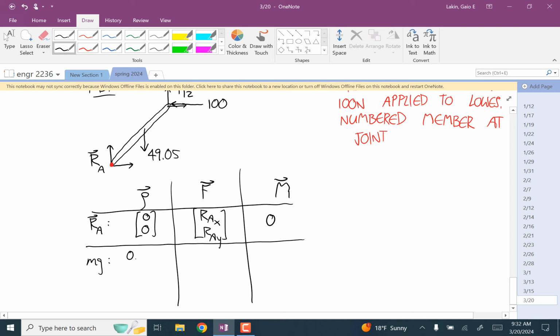So that's 0.3535, 0.3535. The force is 0, negative 49.05. And so the cross product is negative 17.34.